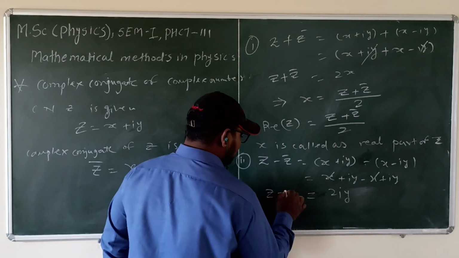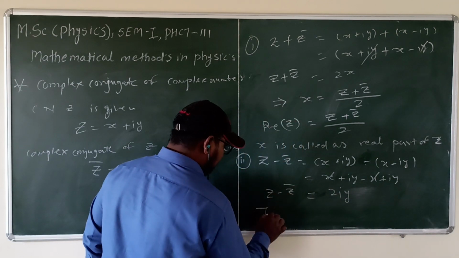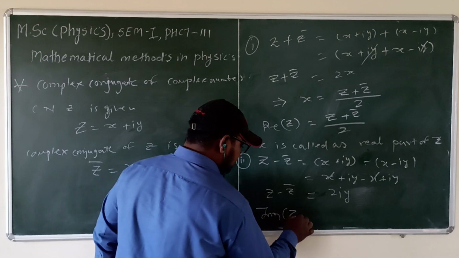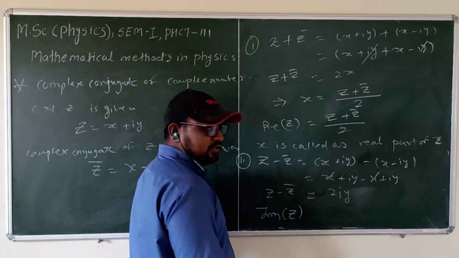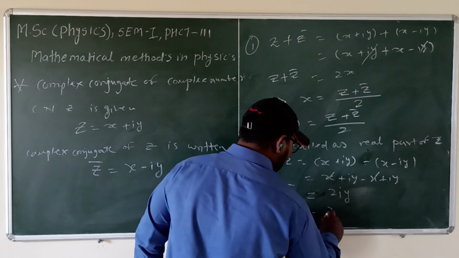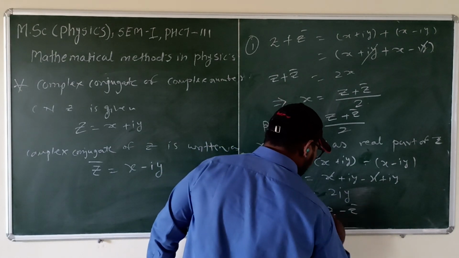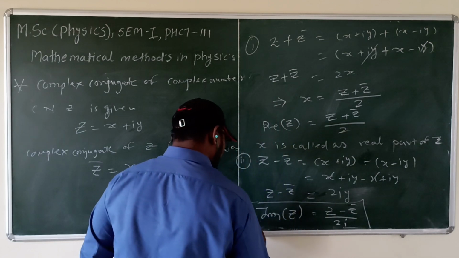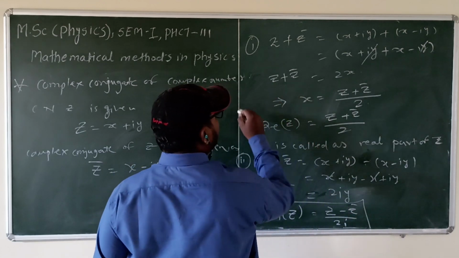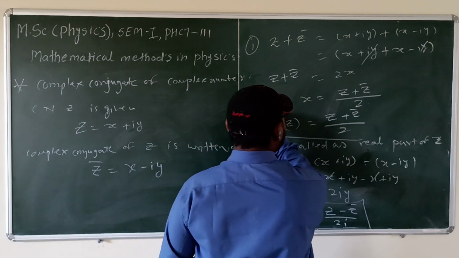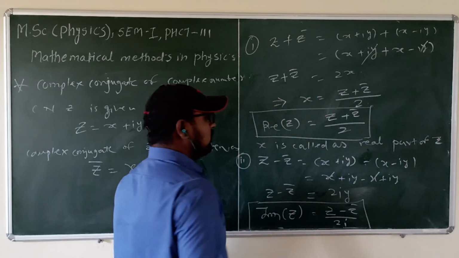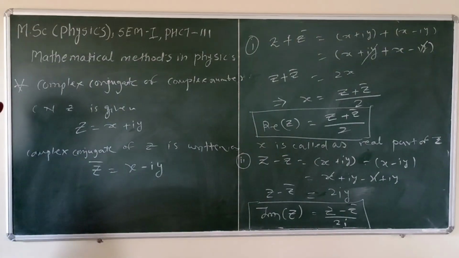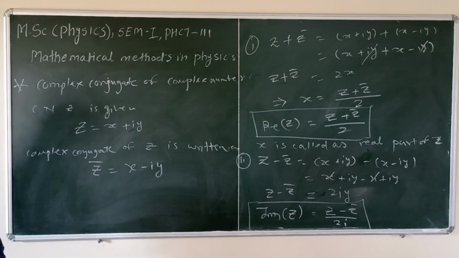So rearranging this, we get the imaginary part of z, y, is equal to z minus z bar upon twice i. These are the two important properties of complex numbers obtained from the complex conjugate. We are going to use these in solving problems.